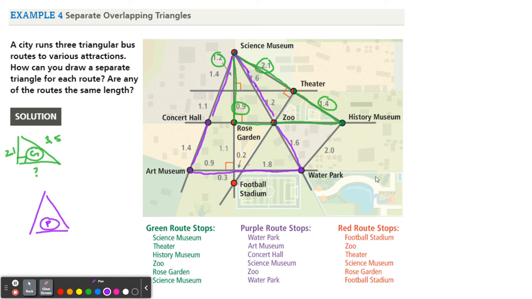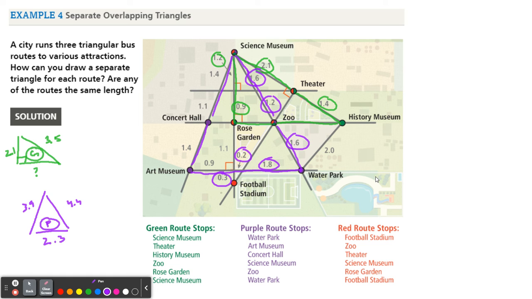It's 1.6, 1.2, and 1.6. That is 2.8, 1.6. That's 4.4. This side over here is 1.4, 1.1, 1.4. That's 2.5 and 1.4. That's 3.9. And then this bottom side we know is 0.3, 0.2, and 1.8. So that's 0.5 and 1.8 is 2.3.